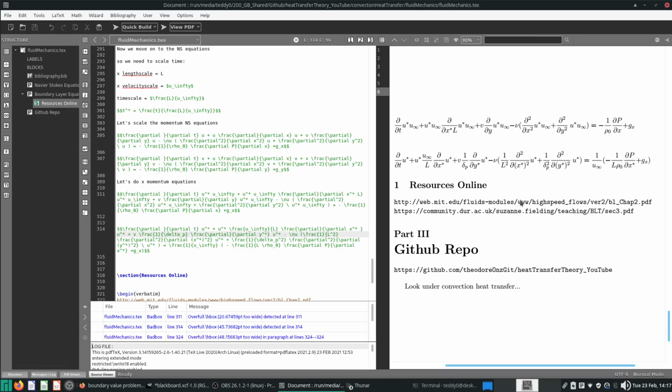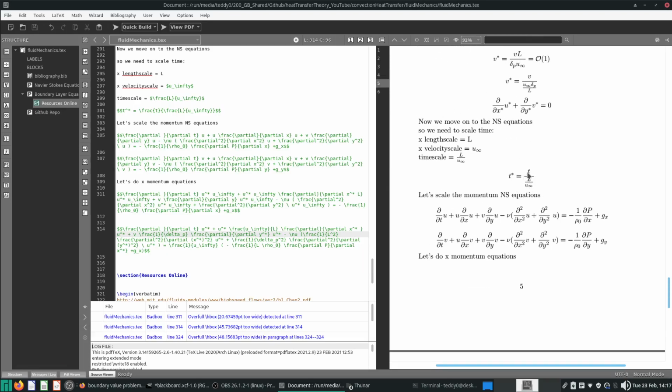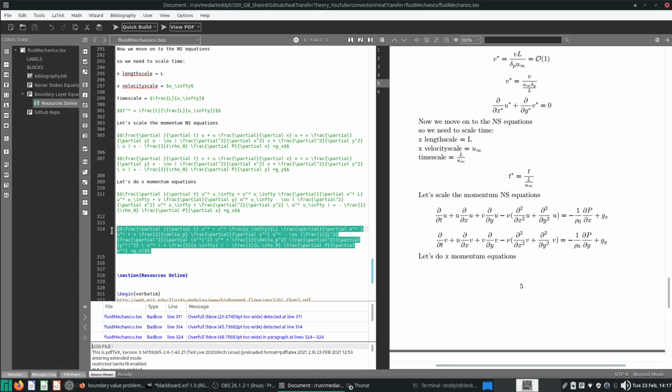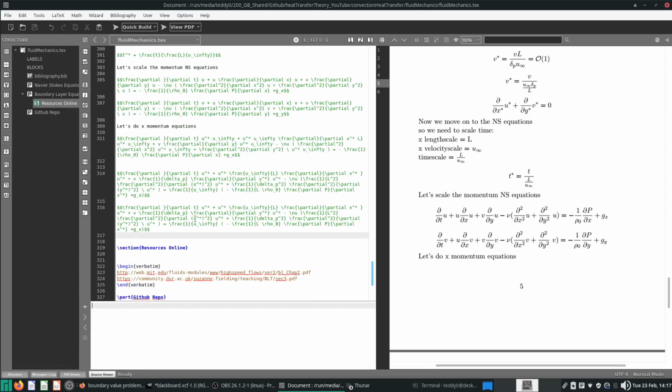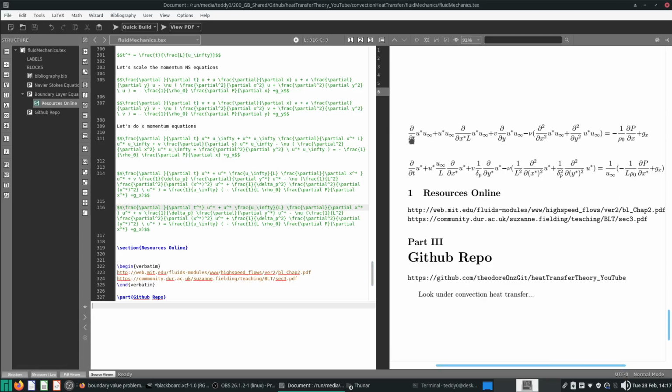So this t here, how do we non-dimensionalize time? This t equals t star times L over u infinity. So let's write that down: t star, with L at the bottom and u on top. This is how we non-dimensionalize the time, as we were saying before.